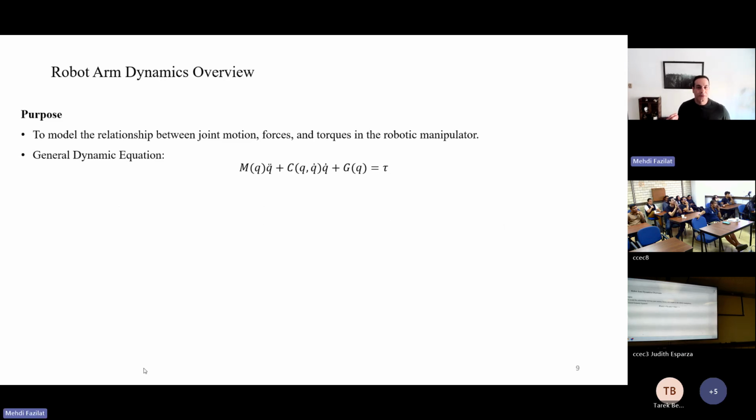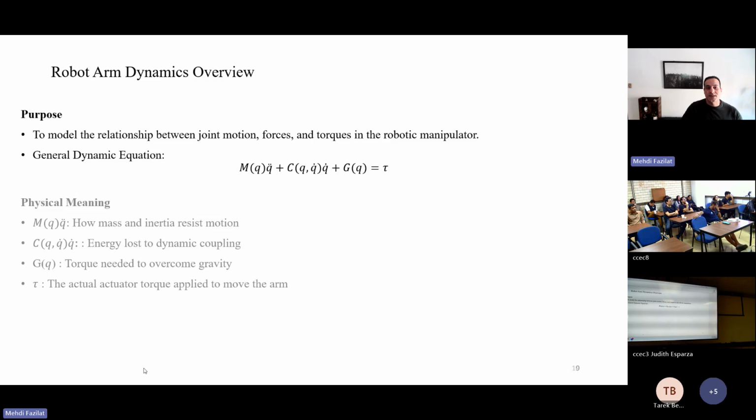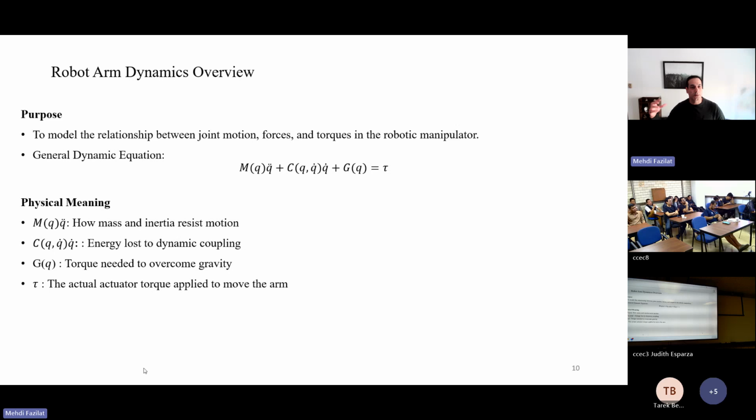All right, before going to the control design, let's quickly look at the basic dynamic model of the manipulator robotic arm. The purpose here is to describe how motion, forces, and torques are related through the general dynamics equation, as you can see. In simple terms, the first term of this equation shows how mass and inertia resist the motion.